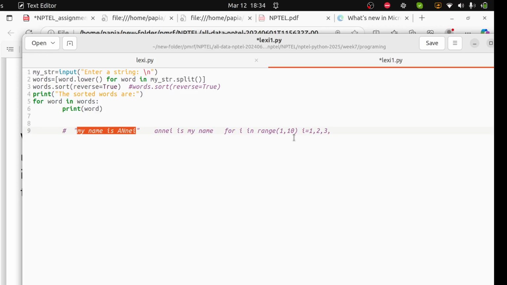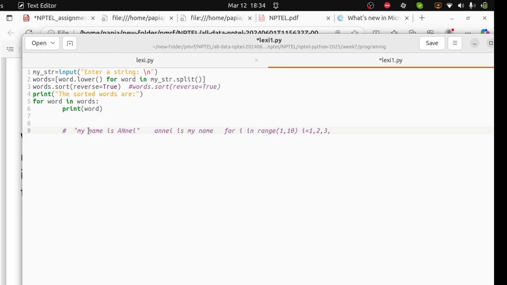Now word will make a word. So what does word mean? It will make my as my. It does not make a letter differently, it will make a word. Whatever it was there, you can see there is a space here. Whenever it sees a space, it will define that as a word, like my is there, so it will come as a word.